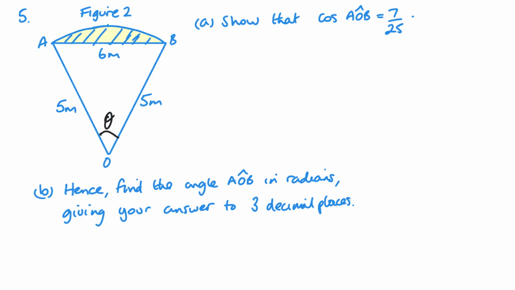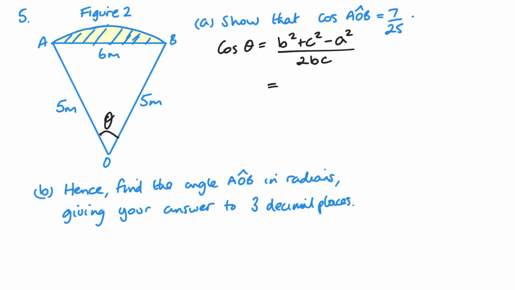So this is the cosine rule. So we're looking at basically a squared equals b squared plus c squared minus 2bc cos A. Now I'm going to use the rearranged version. So cos theta is going to be equal to b squared plus c squared minus a squared over 2bc.